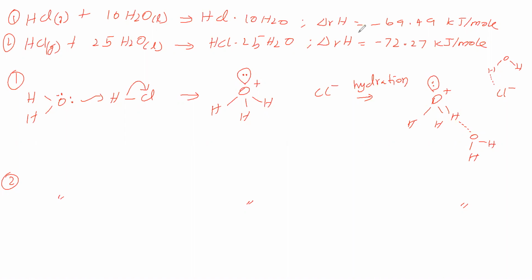Why does this difference take place? The same thing is happening in both cases, but the net heat involved differs. So what is the difference between the first and second? The quantity of water. If the quantity of water is different, what will change here?